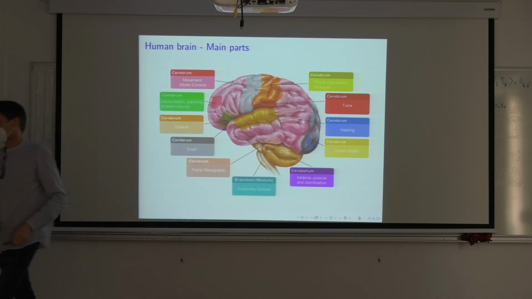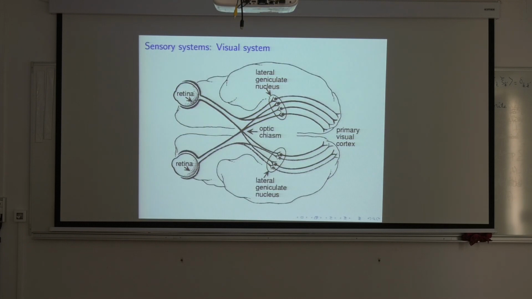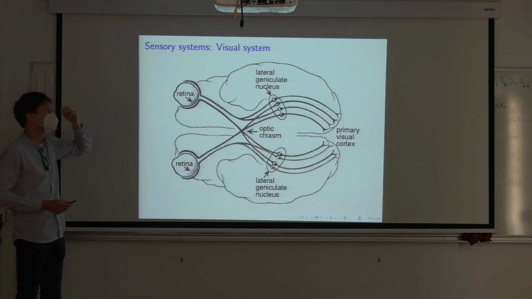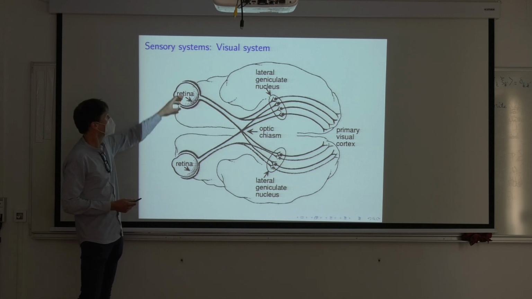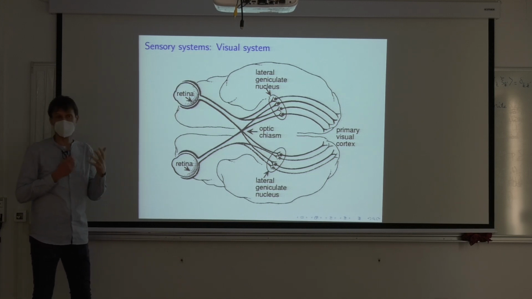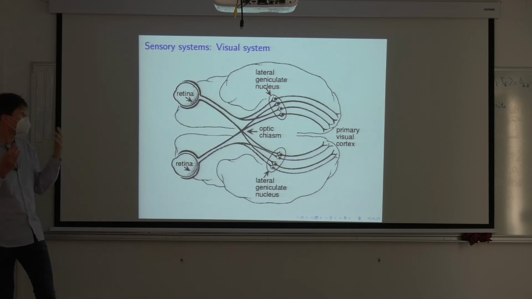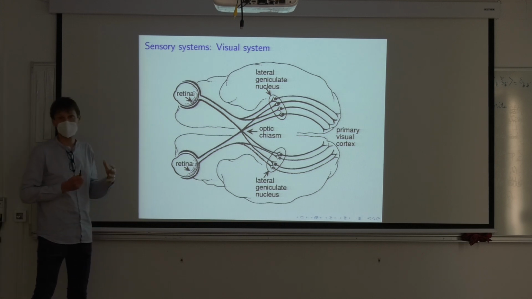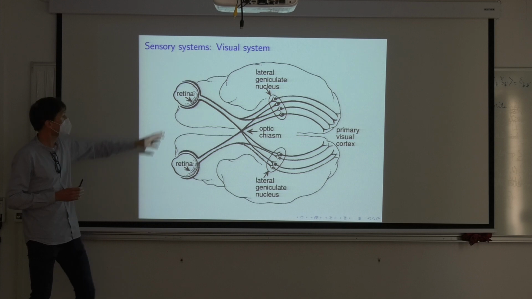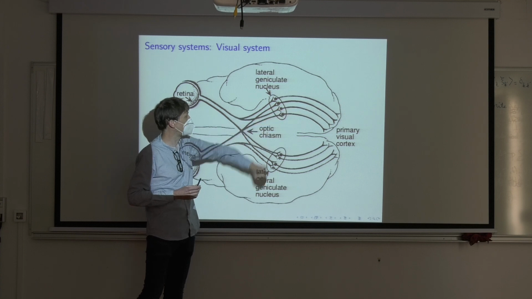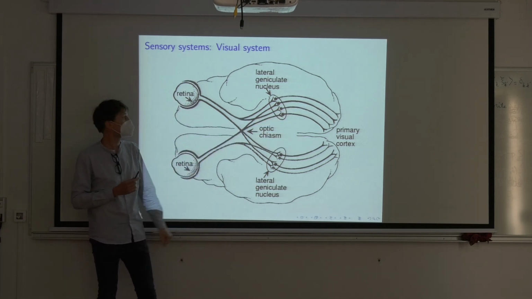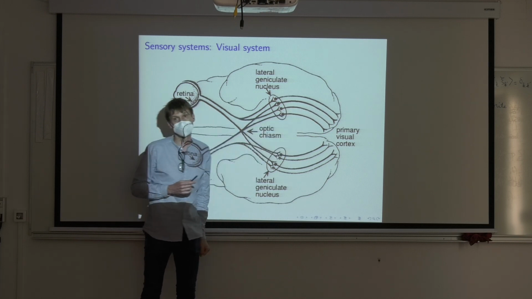So let's look at the brain from other views. If we look from under the brain, this is an example of a sensory system, which is the visual system. As you know, visual information comes through the retina, which is itself a highly complex neural network that's composed of a little bit less than 100 cell types that analyze the visual signal and then send the output to the optic nerve, and it goes to a relay station called the lateral geniculate nucleus in the thalamus, and then it projects onto cortex.